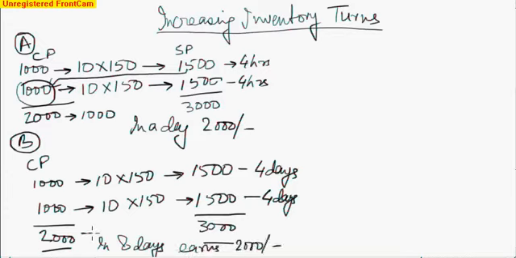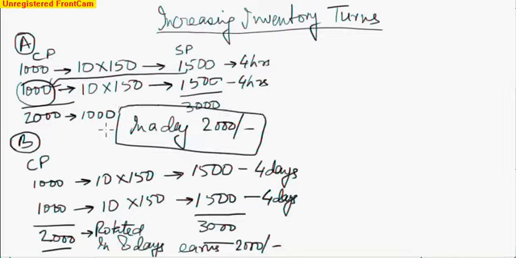Assuming here again he might have rotated the money. So which is better? Obviously, we all know this is a better scenario. Now, this is the concept of inventory turns, where with the same amount of inventory, how quickly and how effectively you can turn it over so that it gives you better results.